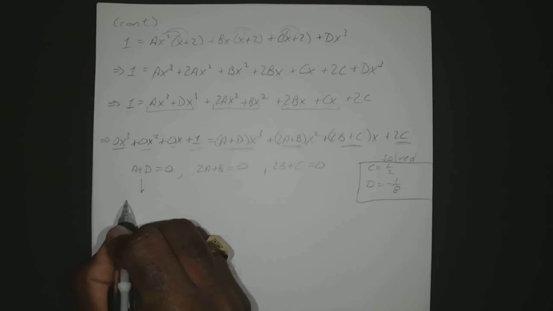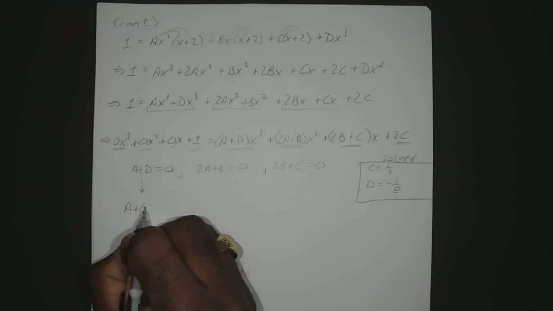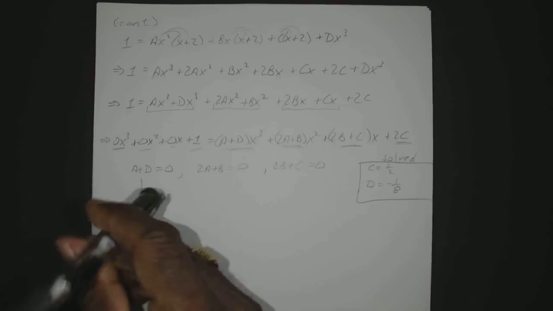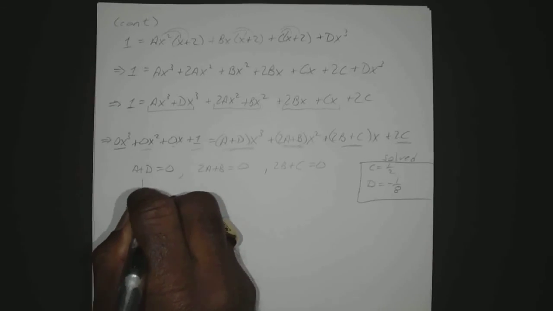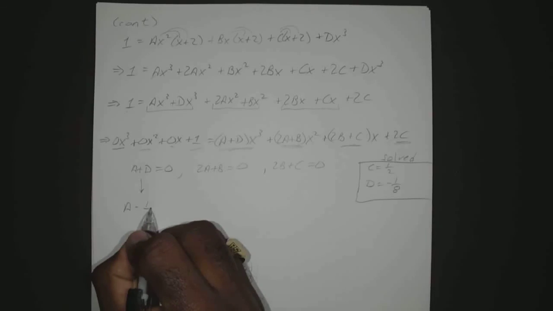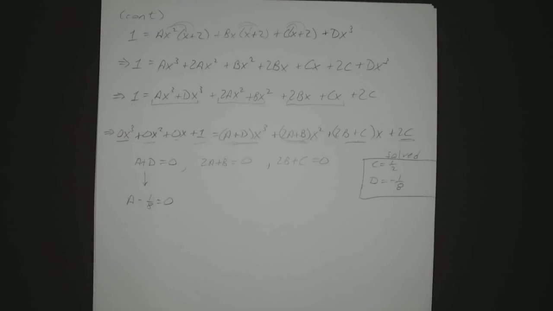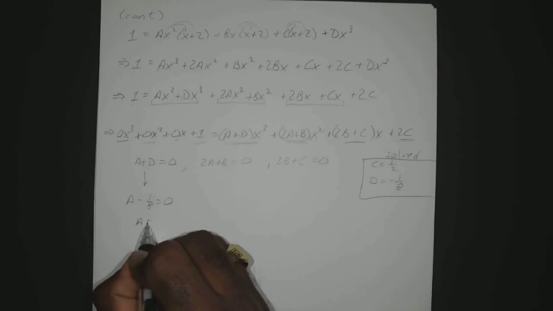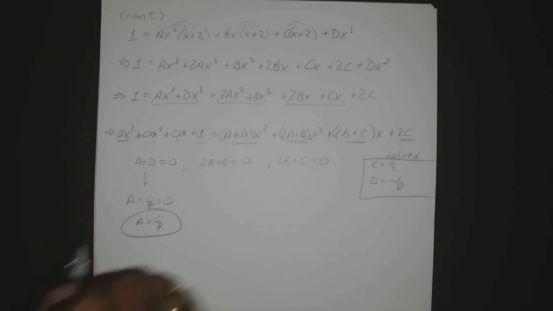So a plus negative 1/8, or a minus 1/8, equals 0, which means that a is equal to 1/8. Okay, so we have a, c, and d. All we need is b.